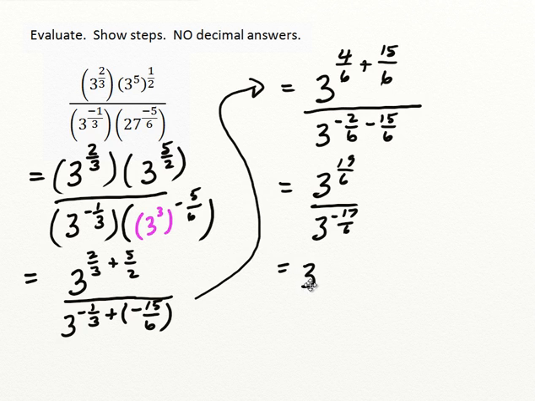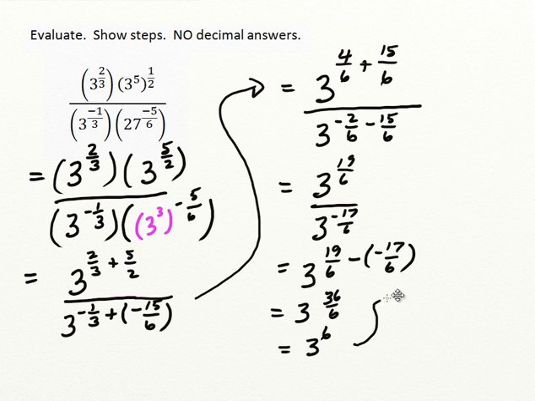When we subtract the exponents, we're going to have 19/6 subtract, careful, -17/6, and that means we're adding. So 19 subtract negative, so add 17/6 is 36/6. That fraction can be reduced to just 6, and 3 to the exponent 6, well, that equals 729. So there we go.